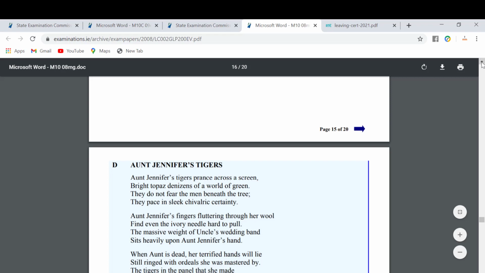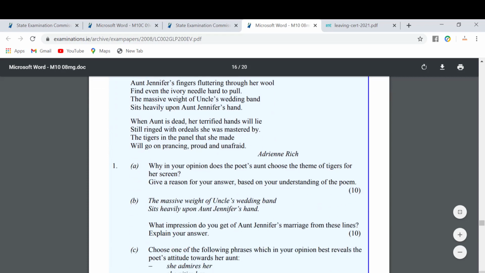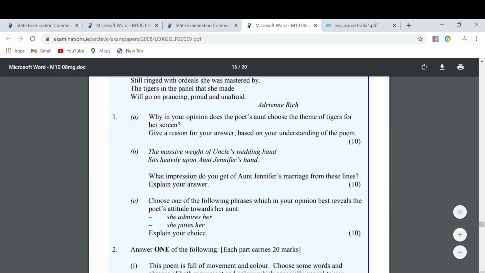So if you were just doing the ordinary level poets, you will have 3 and you just do 1. If you were doing a mix of ordinary and higher level poets, you will have 3 from that course and you just choose 1. And like all poetry questions in previous years, okay, there will be question 1, A, B and C, 10, 10, 10 marks.